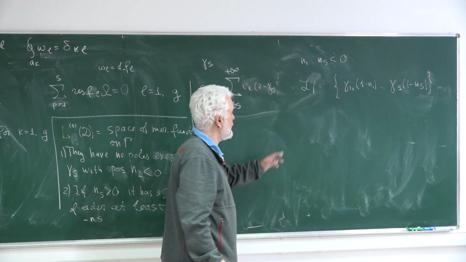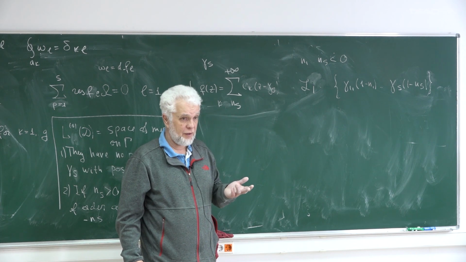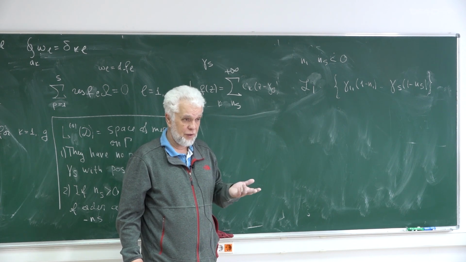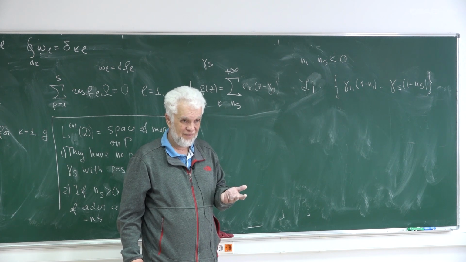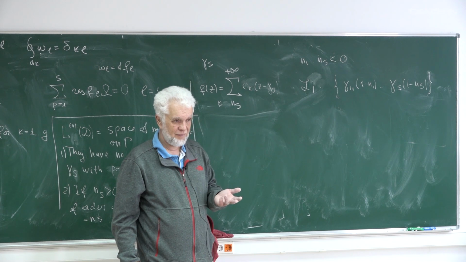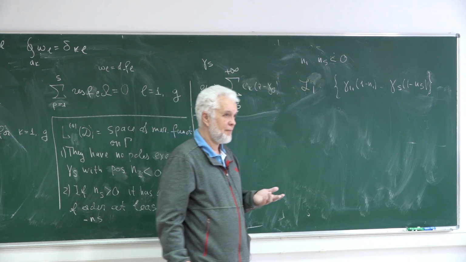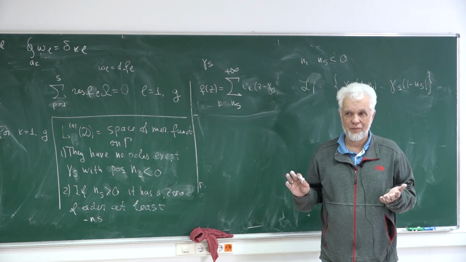First of all, the differential of the function belongs to the following form. If it has a second order pole, its differential may have a third order pole. You see? You agree? Is it clear?